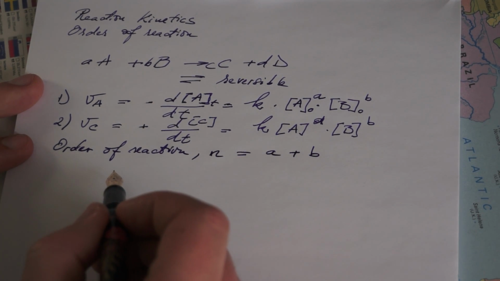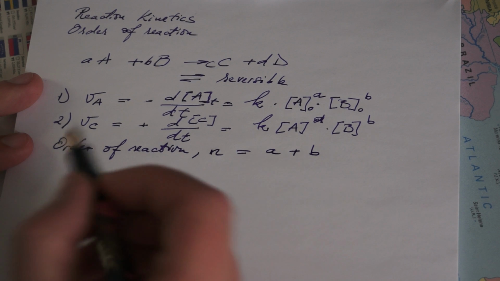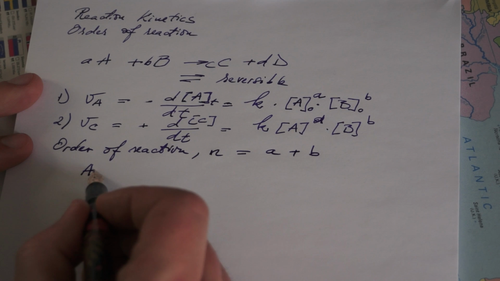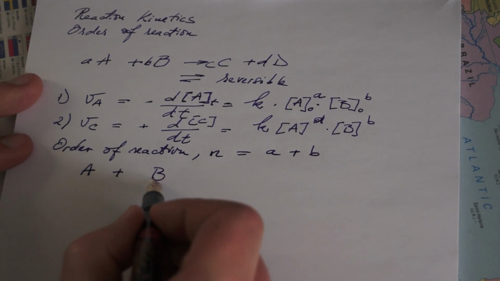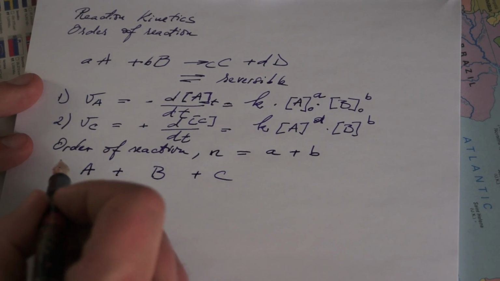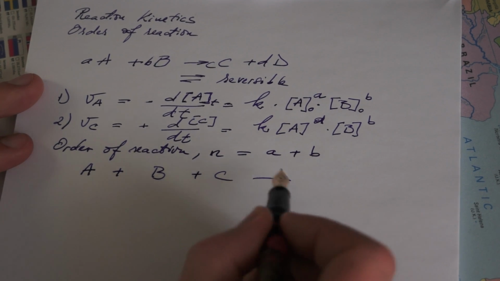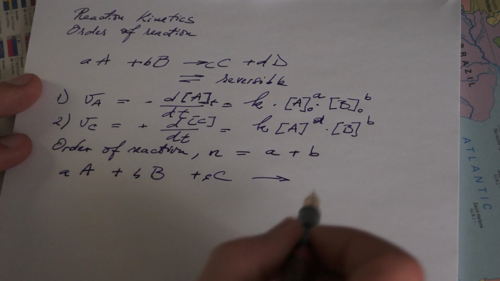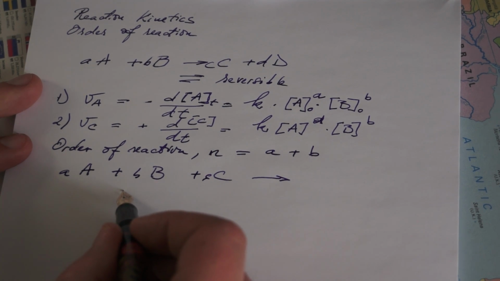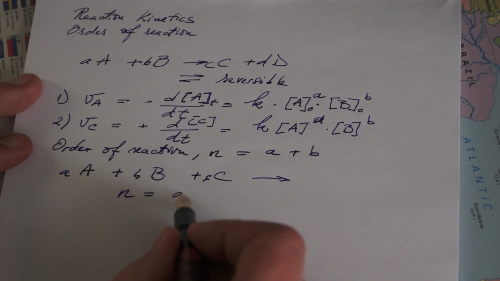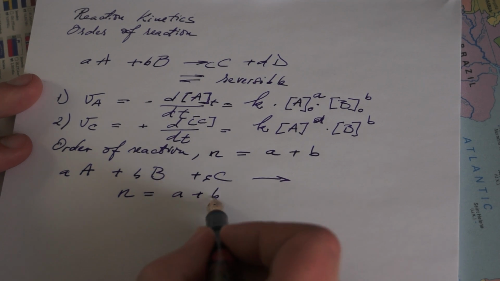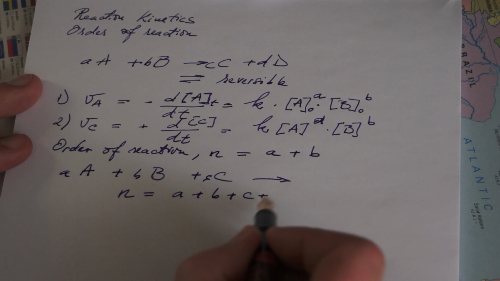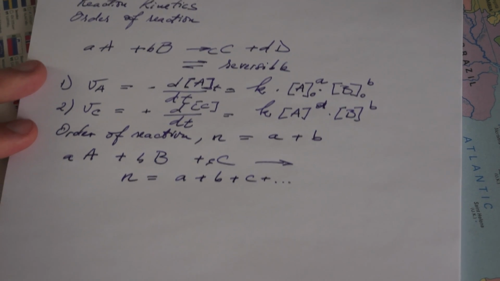For a general reaction that involves more reactants, let's say A plus B plus C, with different stoichiometric coefficients a, b, and c, all small, the order of the reaction will be the sum of all the stoichiometric coefficients, and so on.